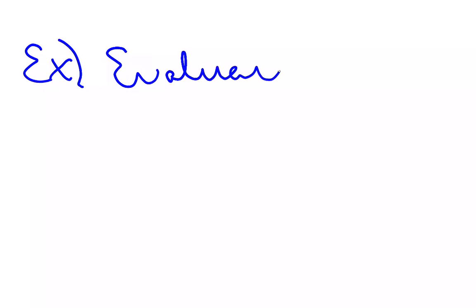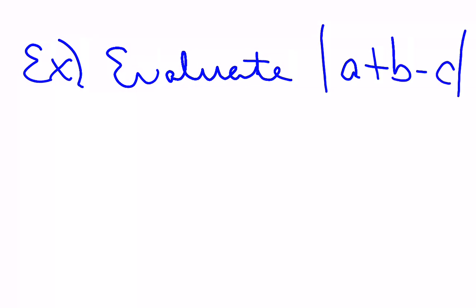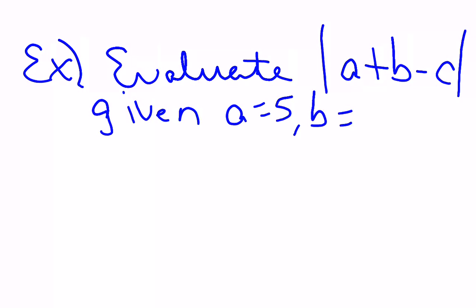Next example, evaluate the absolute value of A plus B minus C, given A equals 5, B equals -3, and C equals -2.